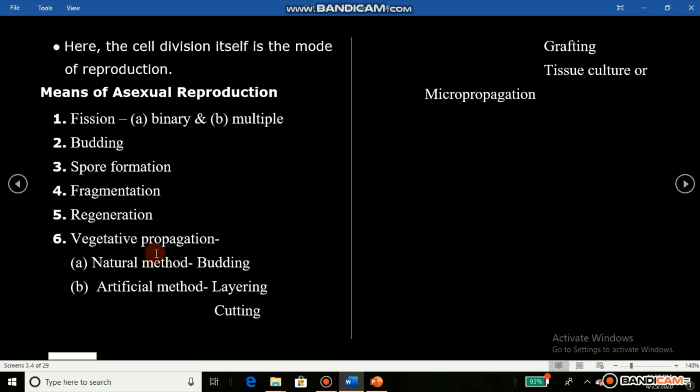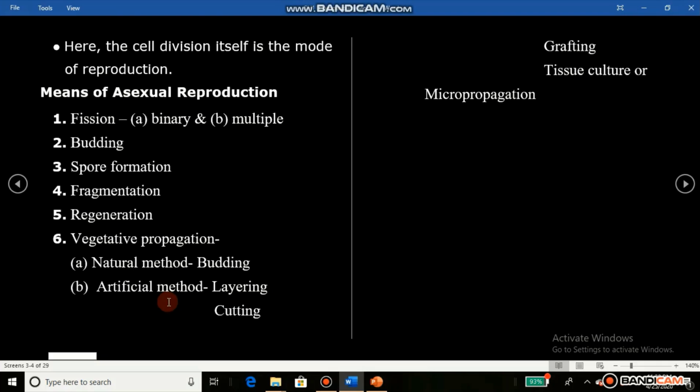Vegetative propagation is also of 2 types, natural methods and artificial methods. Natural method has only one, budding type, and artificial methods mainly are 4 types: layering, cutting, grafting, and tissue culture. Tissue culture is also known as micropropagation.